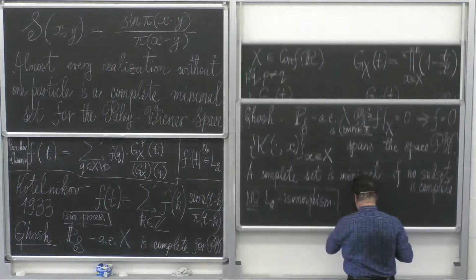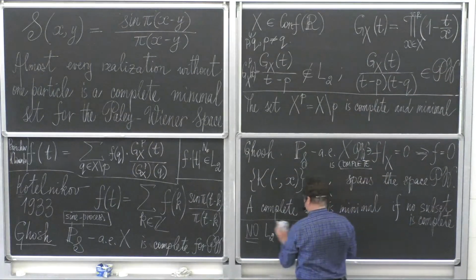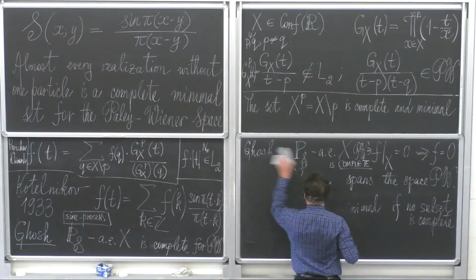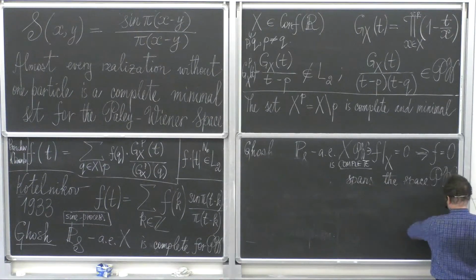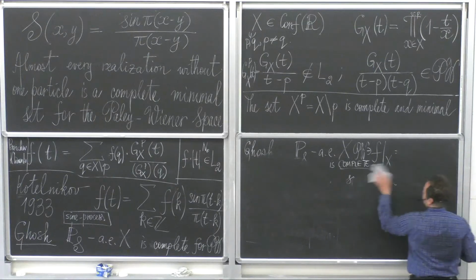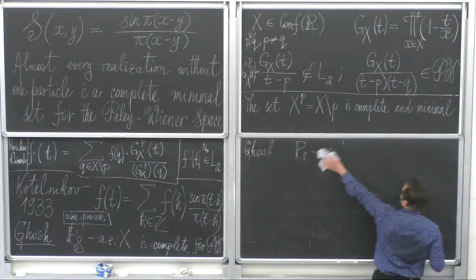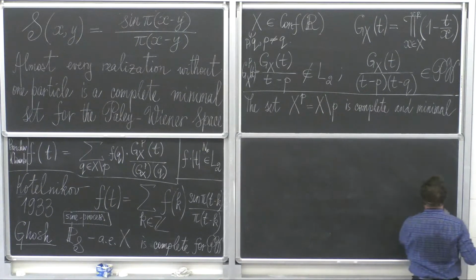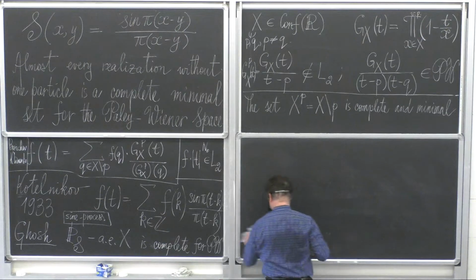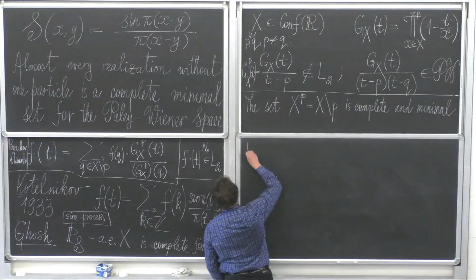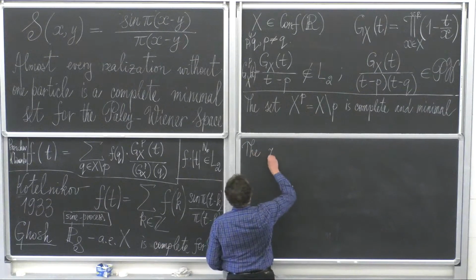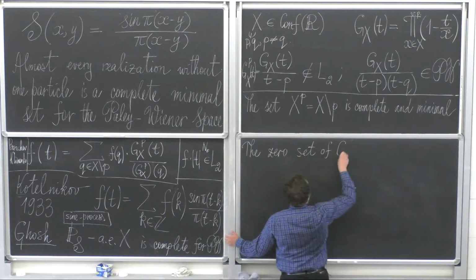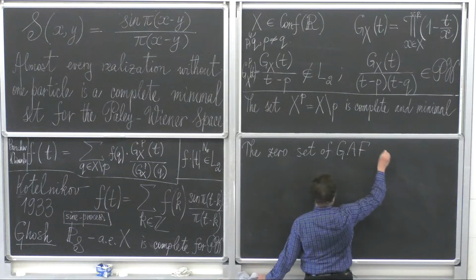Let me consider a very classical example of a determinantal point process, namely the zero set of the Gaussian analytic function on the disk.